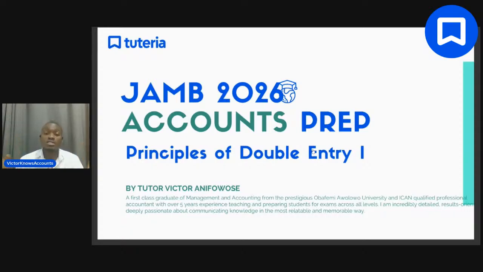When you're talking about the historical development of accounting, you definitely know that accounting is most likely as old as man, which means that accounting has been going on since forever, though not in this structured way, of course.